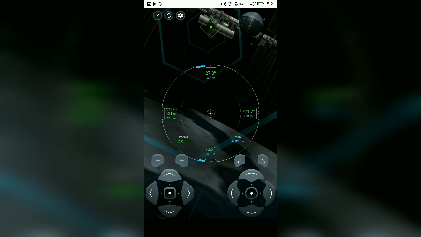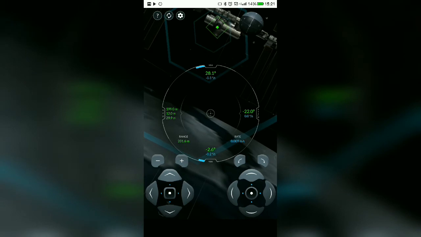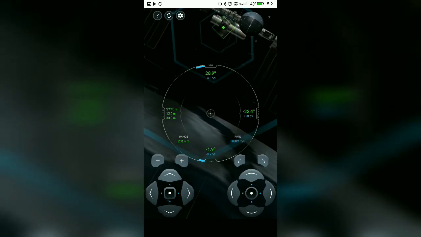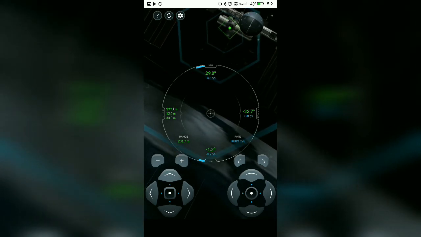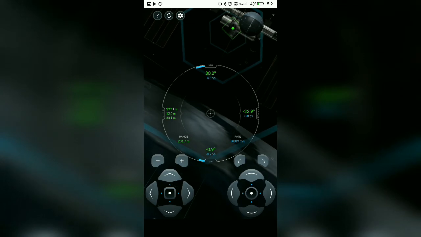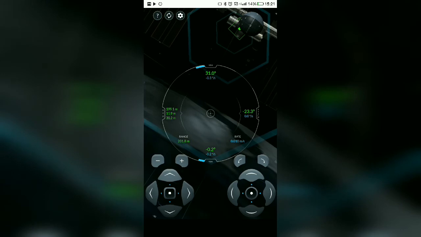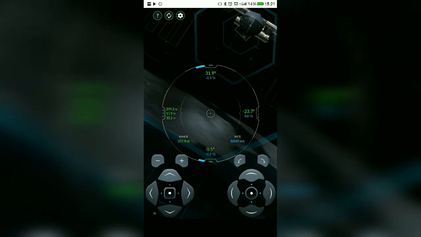So that's how you have to maintain the vehicle, and the green dot that you see has to be maintained and aligned with the central point of the concentric circle.